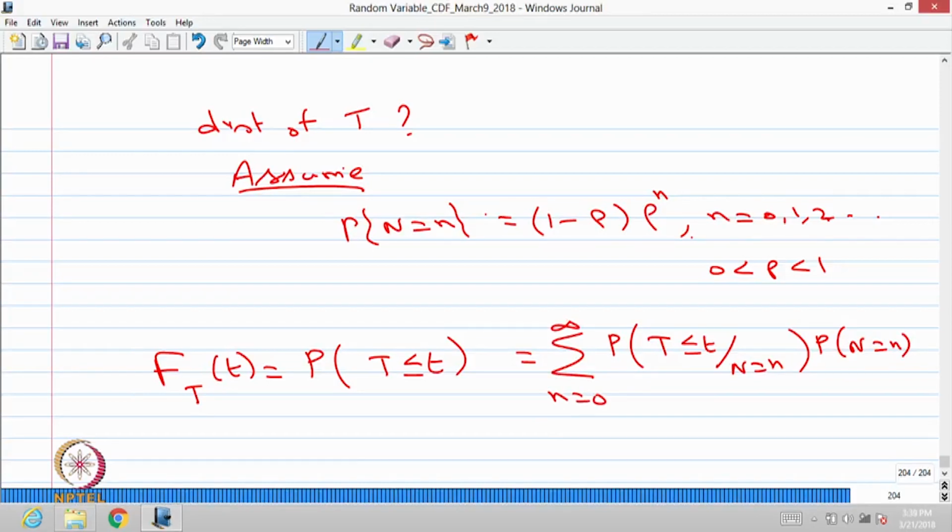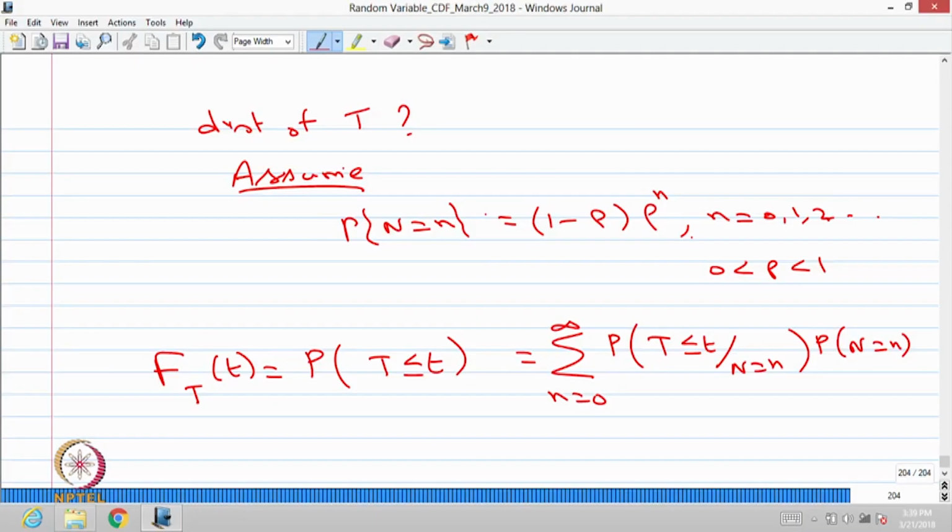On the left side we started with the CDF of the random variable T, that is the probability of T less than or equal to t. First we compute the conditional distribution of capital T given N, then by multiplying by the probability mass function of N for all possible values of n, we get the distribution of capital T by using the total probability theorem, which we discussed in the beginning for events, but now we are applying the same concept for random variables.